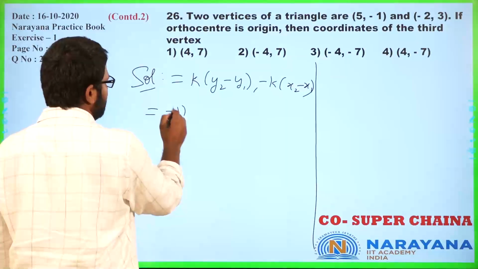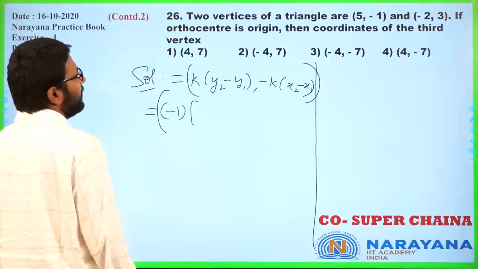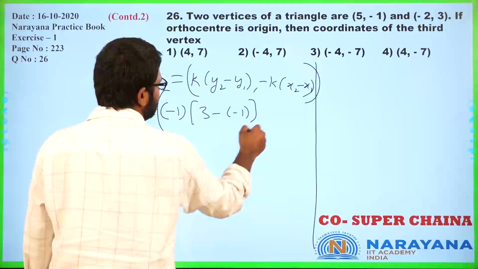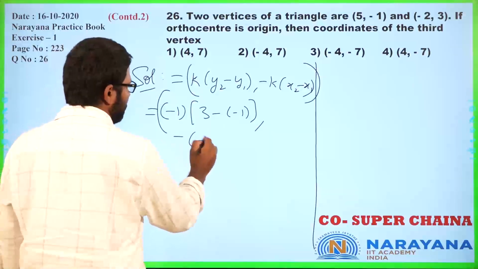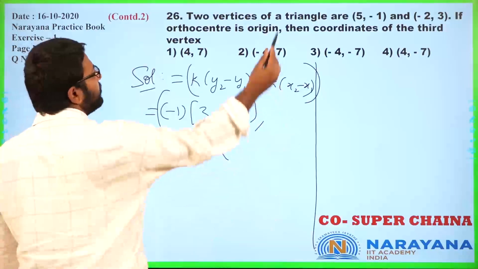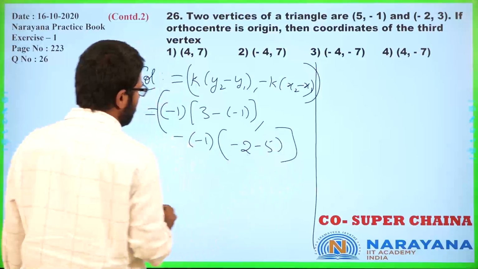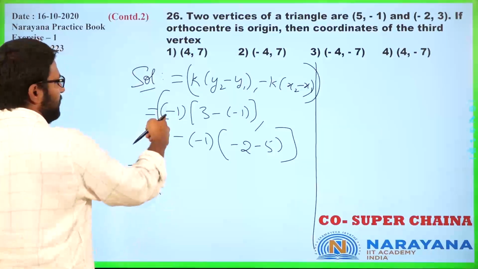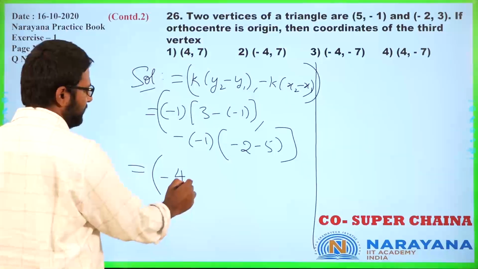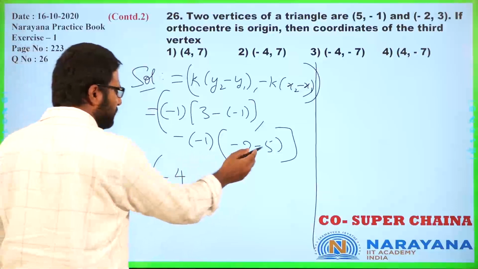Which is minus 1 into 3 minus minus 1, and minus of minus 1 into x2 minus x1, so minus 2 minus 5. So that is minus of 4, and then comma, minus of minus 1 is plus 1 into minus 7.